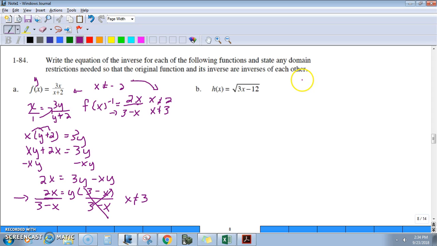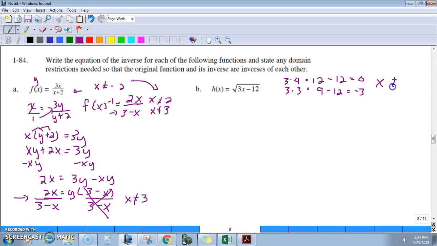If I enter anything smaller than 4, like what about 3 times 3? That's going to be 9 minus 12, and that's going to give me a -3, okay? So if 4 is what gives me my 0, I know that x cannot be less than 4, right?